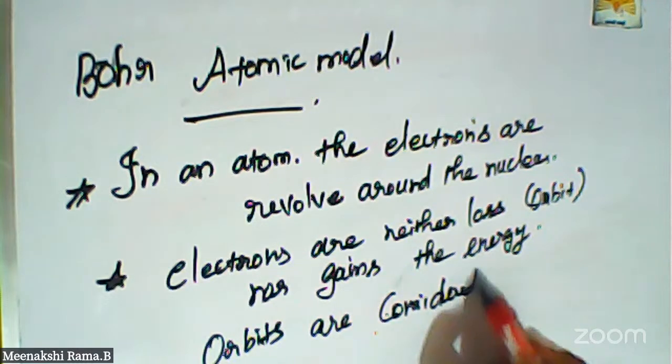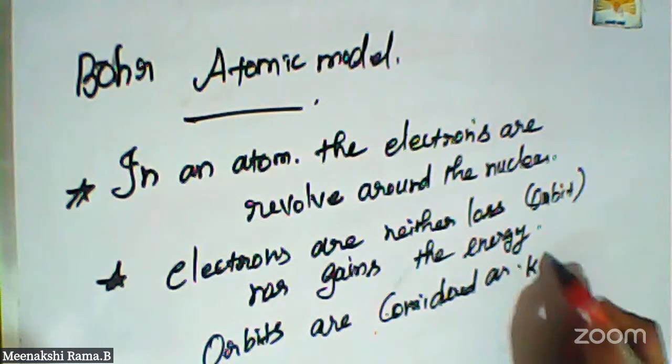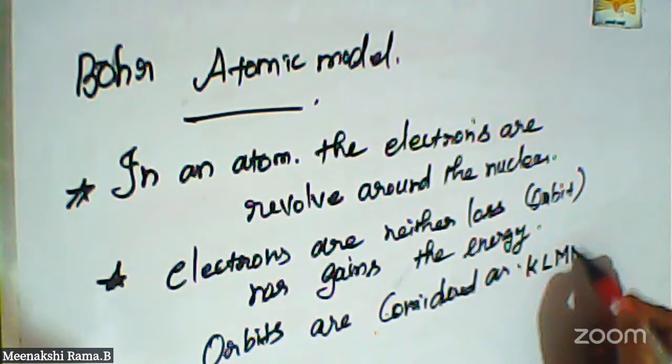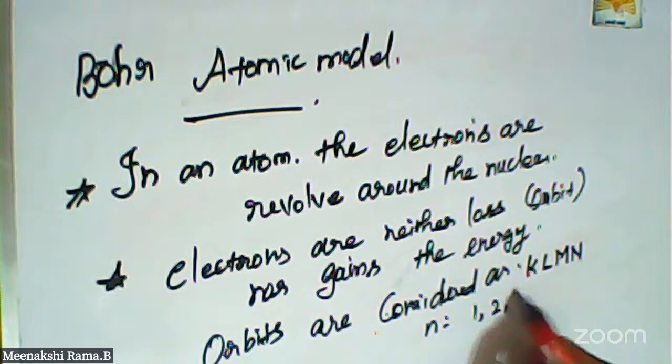The important part: the orbits are named with the letters K, L, M, and N. K, L, M are the orbit names, and the numbers 1, 2, 3 denote the level of energy. K means the level is 1, L represents the level 2, M is 3, and N is 4. So the energy level is increased.